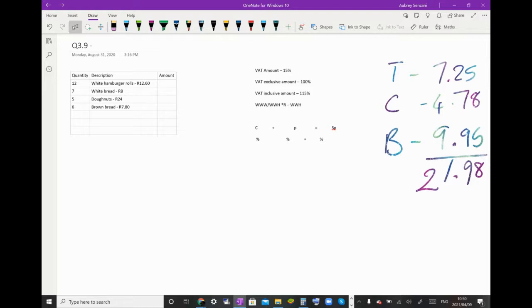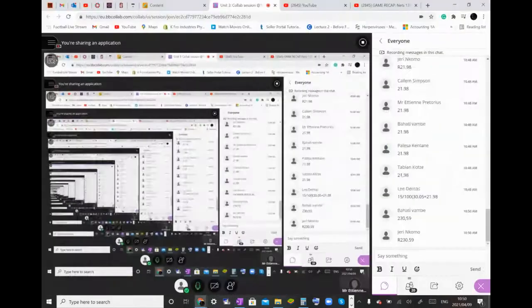D says 30 Rand and 8 cents is 15% of the taxable amount. What is the taxable amount? How did we calculate the taxable amount? $230.59.